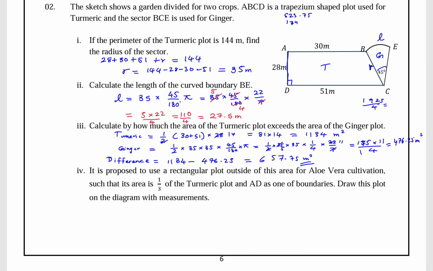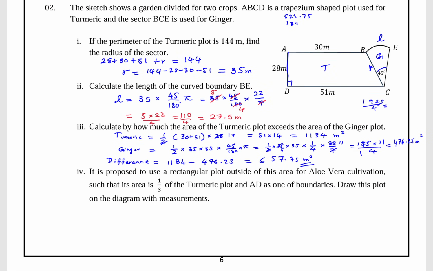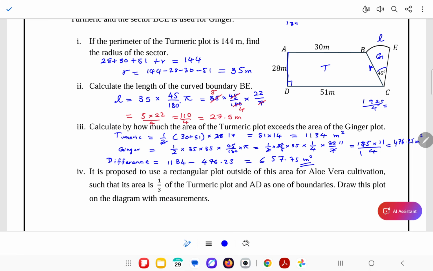Wait. Let's double check this one. 1925 over 4 is what? Sorry, this is 481.25.